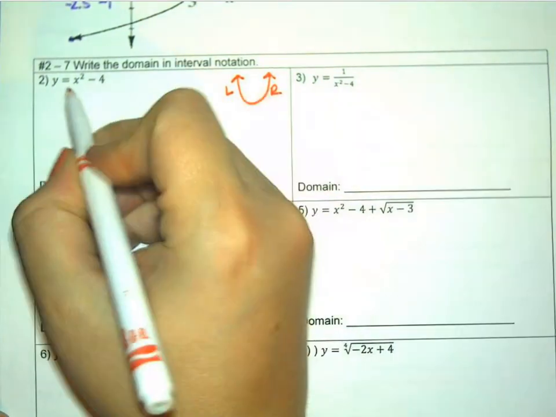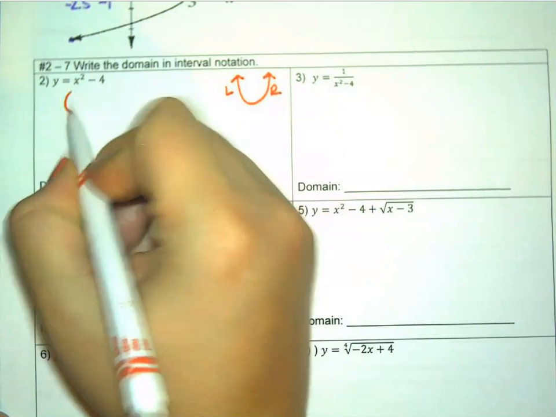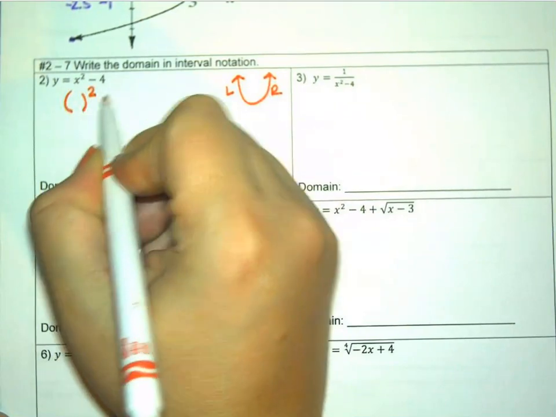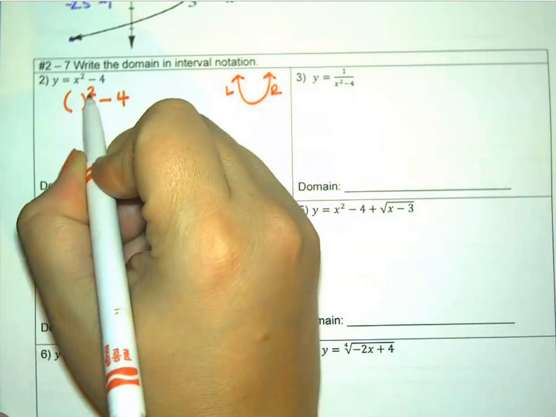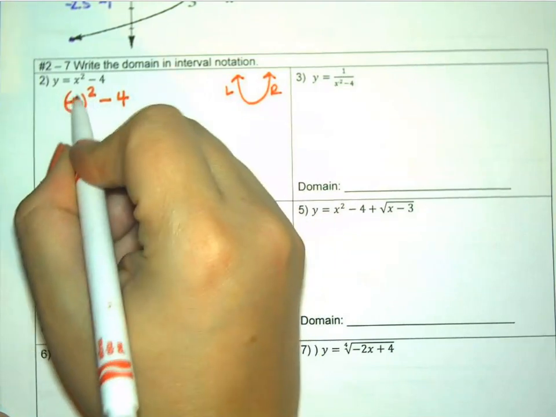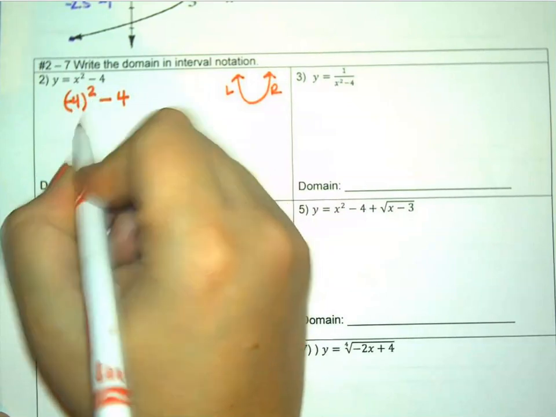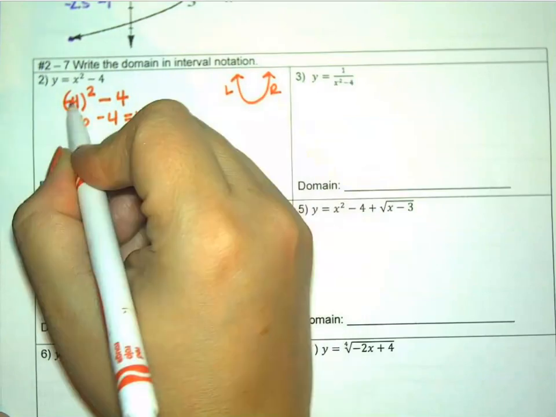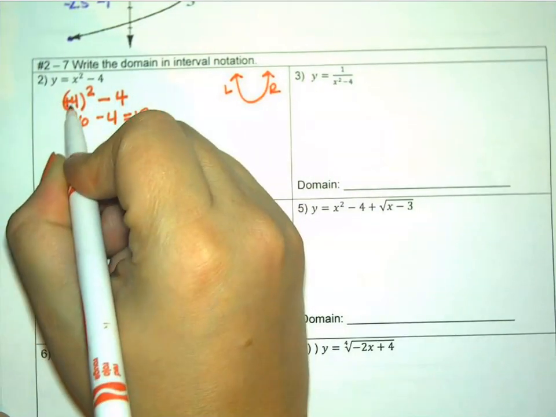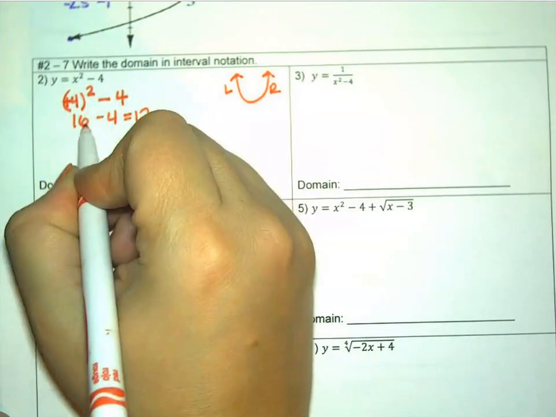So for example, over here, x is going to be squared. So think about it. What numbers can be squared? Negative numbers can be squared. -4 squared is 16, and 16 minus 4 is 12. You can also square positive numbers. +4 squared is also 16.